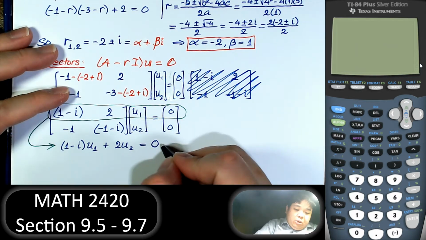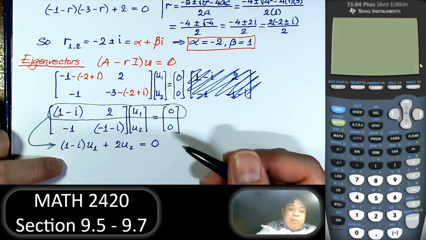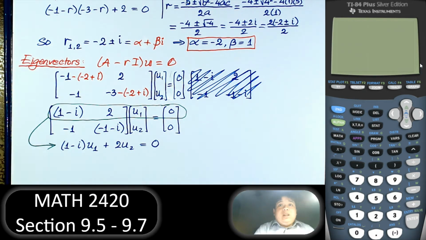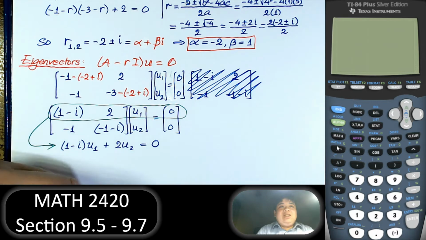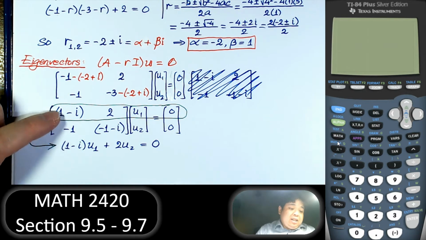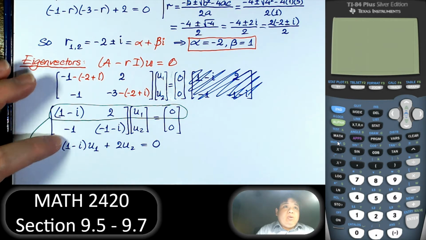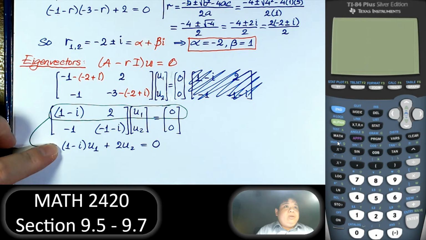In that case, you can solve for u1 in terms of u2 or u2 in terms of u1. By the way, the reason I don't want to do the reduced row echelon form is because the calculator only does that on real numbers. This is complex, so it will not do it. If there are only 2 rows, we can pick any row and only need one equation.